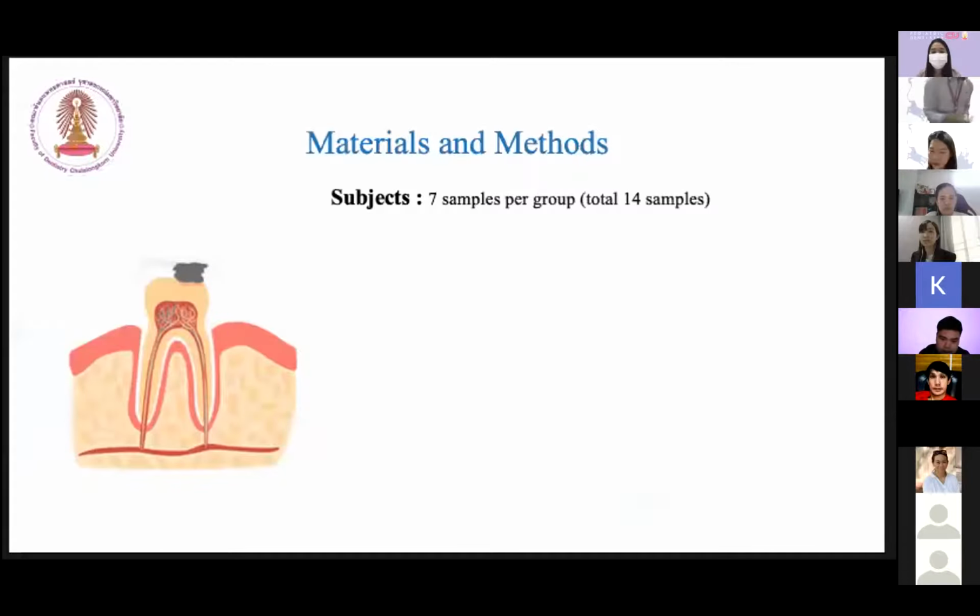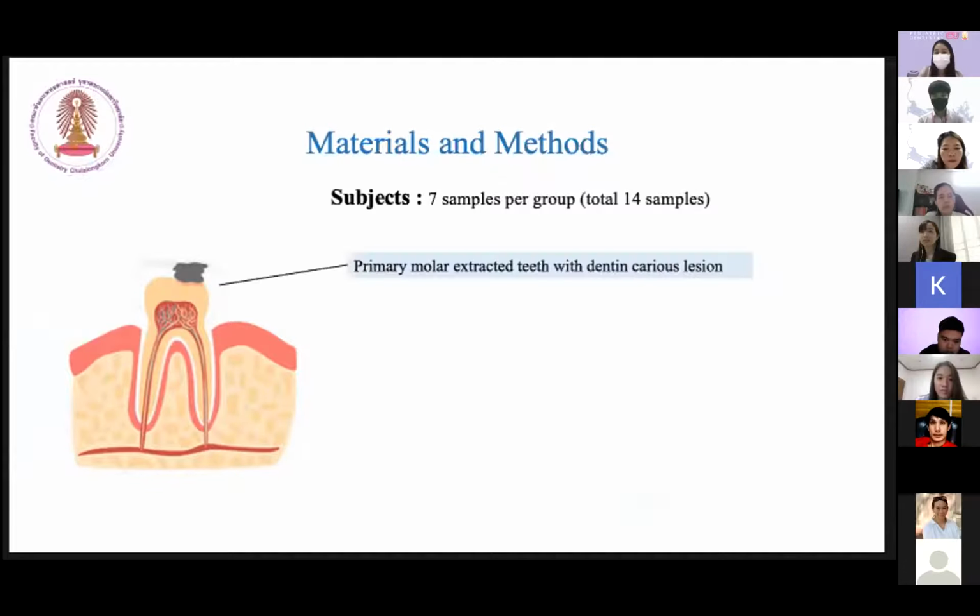Materials and methods. Subject in this study is 7 samples per group. Inclusion criteria. Primary molar extracted teeth with dentin carious lesion with or without pulpal exposure. If carious lesion exposed to the dental pulp, exposure size must be less than 1 by 1 mm after selective caries removal.